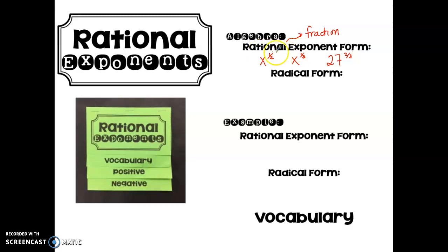We can also rewrite these exponents that are fractions in radical form. And remember, all a radical sign is this, with the index number here of which root you're taking. So x to the 1/2 is the same as the square root of x. X to the 1/3 is the exact same as the cubed root of whatever you've multiplied 3 times.